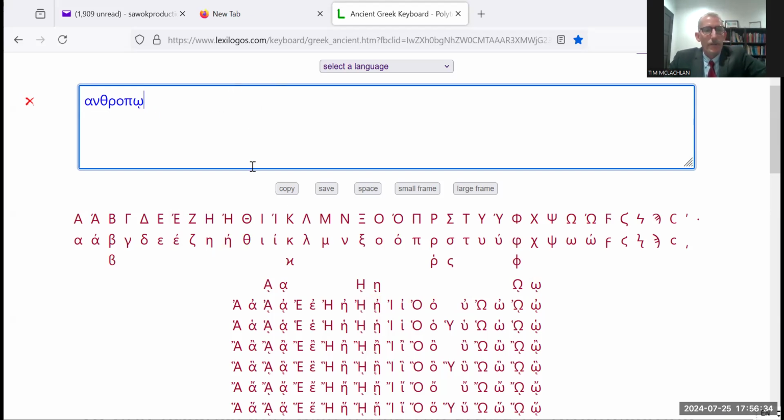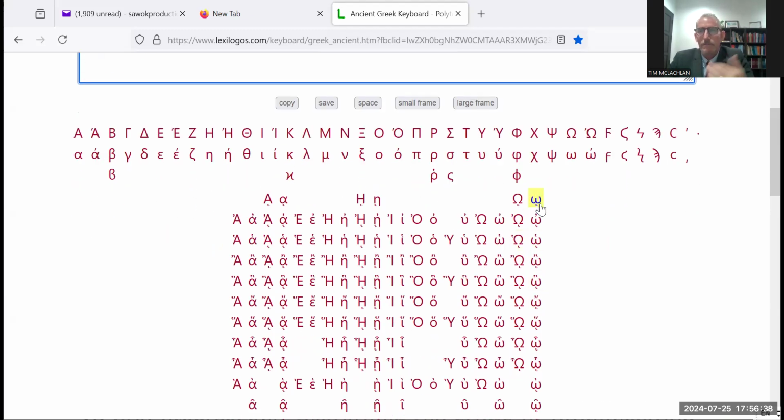Okay, so if you need your iota subscripts, it's going to appear usually at the end of words. Most of the time, probably 90%, you're going to see it with the omega and the eta. Okay, so that would be this one. They don't have one without a top mark. Okay, but there it is here.